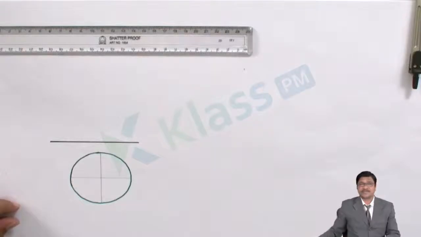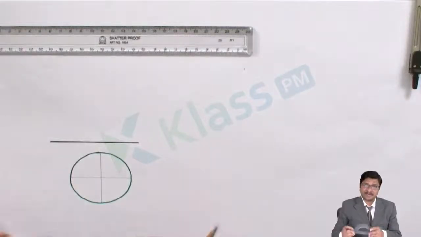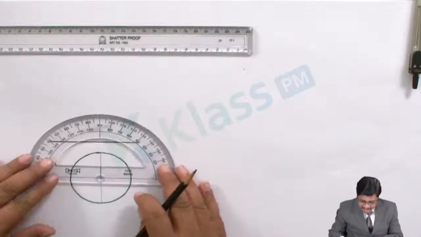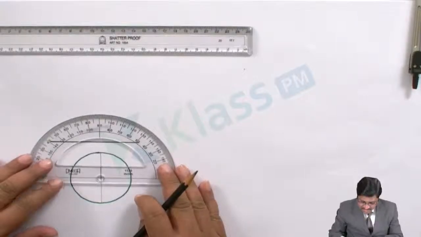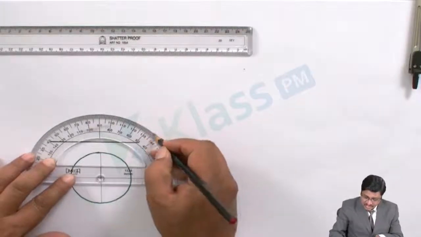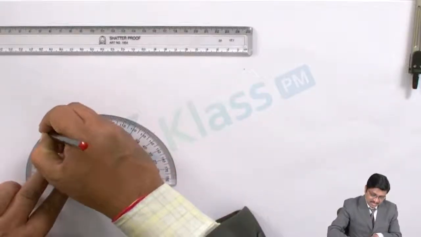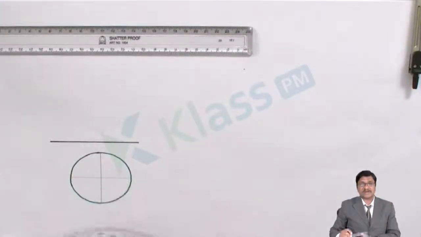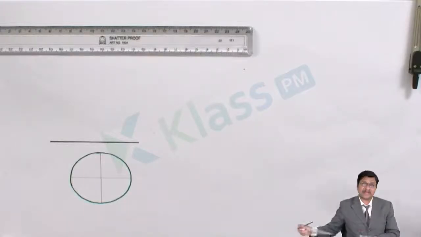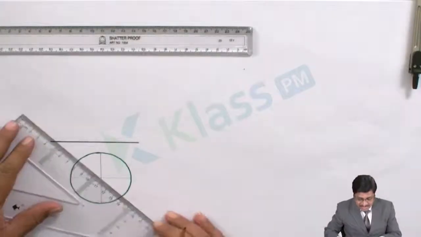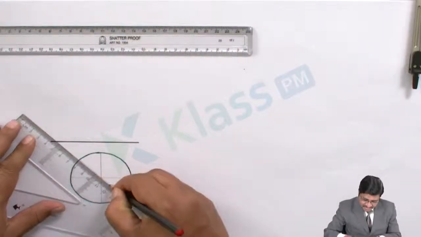Wherever you wish to draw an angular measurement, take the protractor and place it properly for alignment. Mark 45 degrees from one direction and 45 degrees from the other direction. Once you have marked the angular direction, take a scale, align the angular point with the center and draw a radial line.